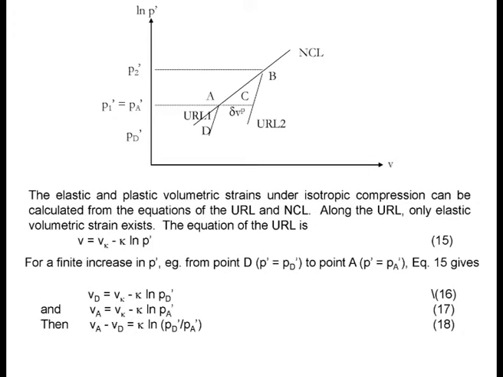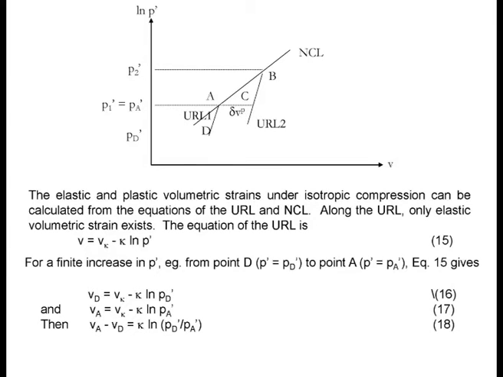Kappa is this thing over here, and you can see this is the V-log-P curve. Okay, but in the standard e-log-P curve, this is actually a common logarithm, base 10. Now we are plotting natural log, so that's why we use kappa instead of Cs or Cr. But Cs and Cr are the swelling index and recompression index. So I would usually call this a recompression index or swelling index as well.